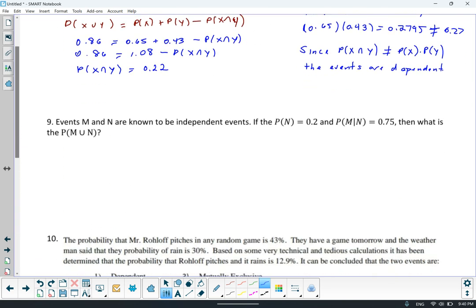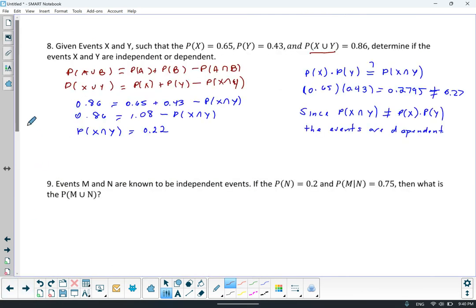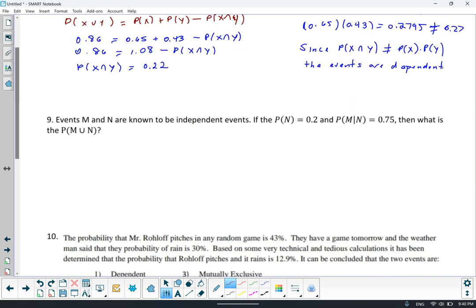Two more problems. I think only two more problems. Yep. So we know that M and N are independent events, and we're given probability of N is 0.2 and probability of M given N is 0.75.